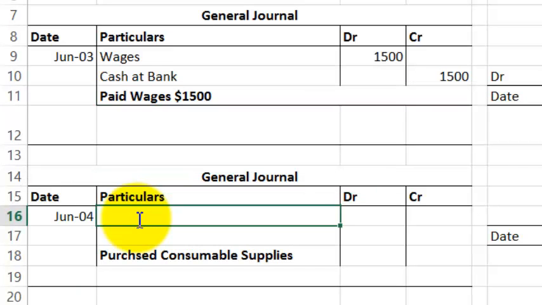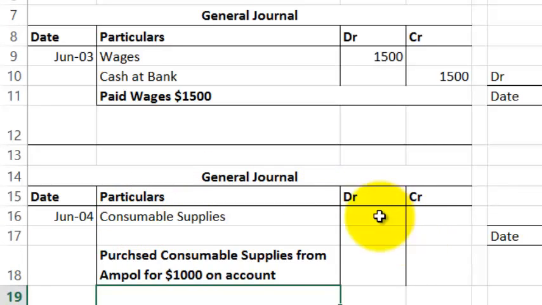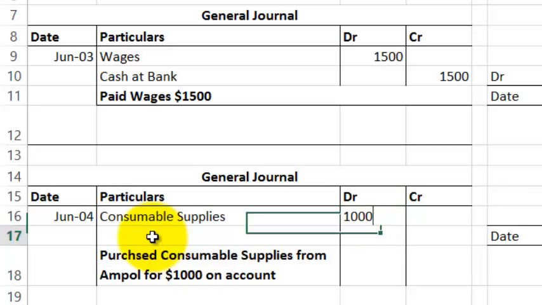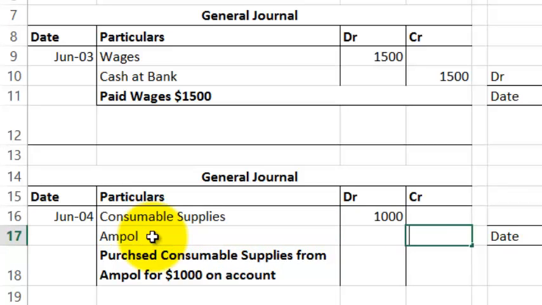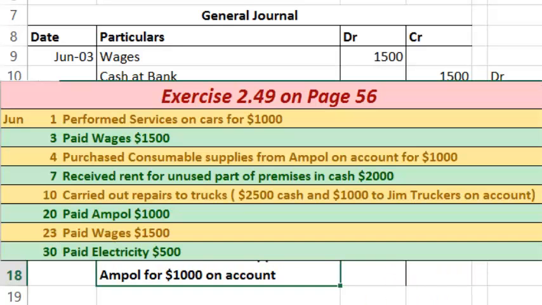So the account here is consumable supplies. It was $1,000, and you'll note that these were purchased from Ampol on account. So we've got a liability to Ampol for $1,000. Debit, credit.